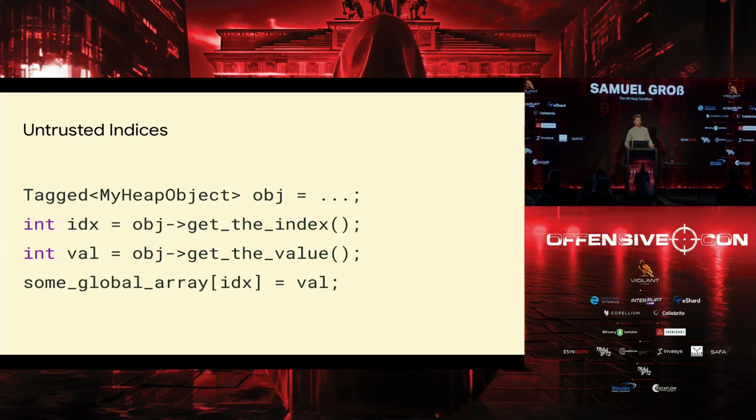Of course, the assumption here is that whoever put this index into the object, at that point the index was in bounds. So the index used to be fine, and this sort of code used to work perfectly fine without the sandbox. But now in this new attacker model, an attacker can just come and corrupt this index, and then this access to the array goes out of bounds, and you have an out of bounds access in this case.